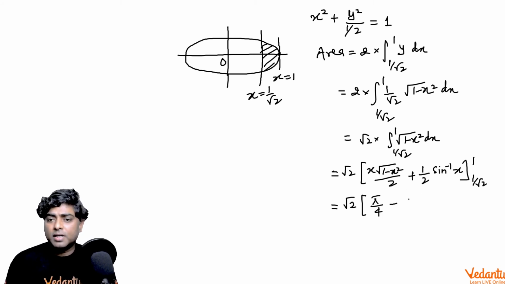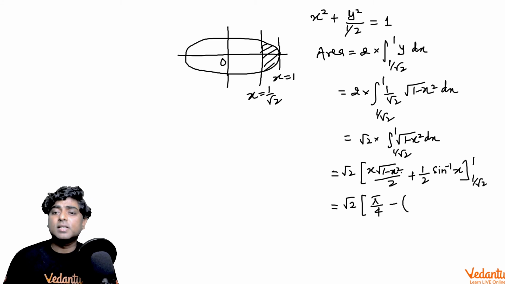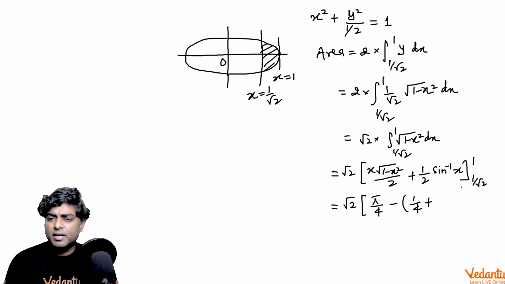Minus, when we put x equal to 1 by root 2, you will get 1 by 2 into 1 by root 2 into under root of 1 minus 1 by 2, that is 1 by root 2 again, so 1 by 4, plus, when x is 1 by root 2, sine inverse 1 by root 2 is pi by 4, so we are getting pi by 8 over here.